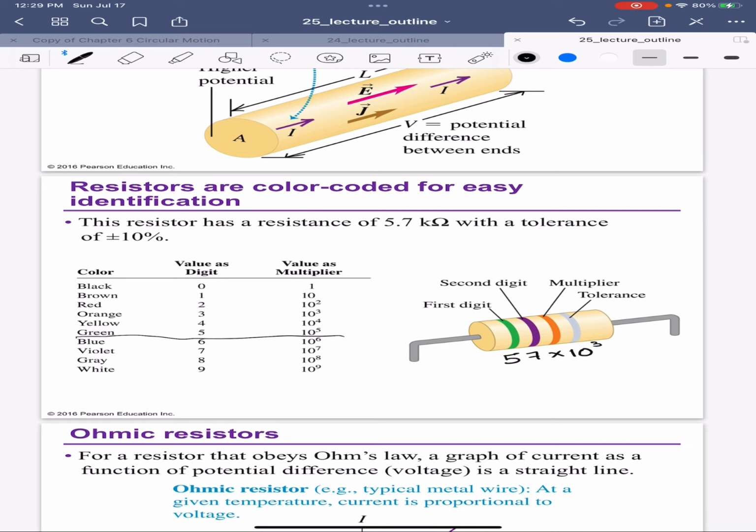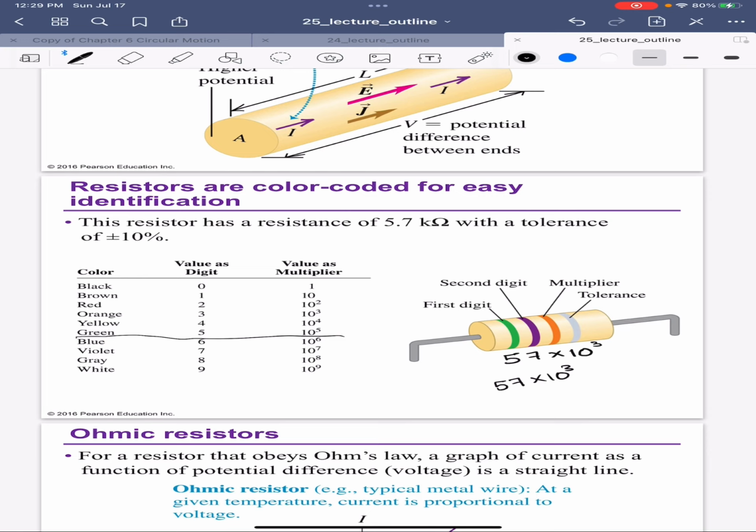Okay, then this one is 57, 10 to the 3. Or wait, I think there is a mistake. This is 5, and this is 7, the second digit, times 10 to the orange. Is it orange or yellow? It is orange.